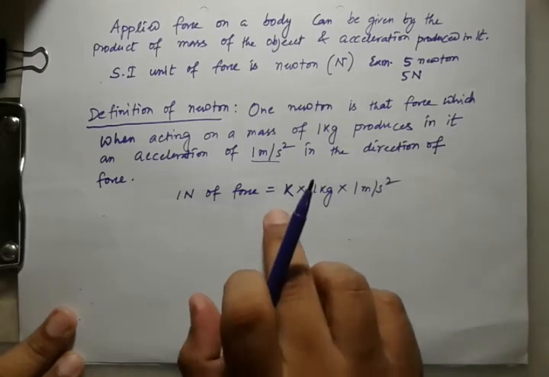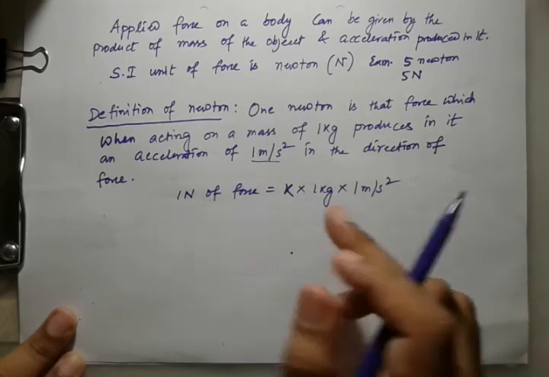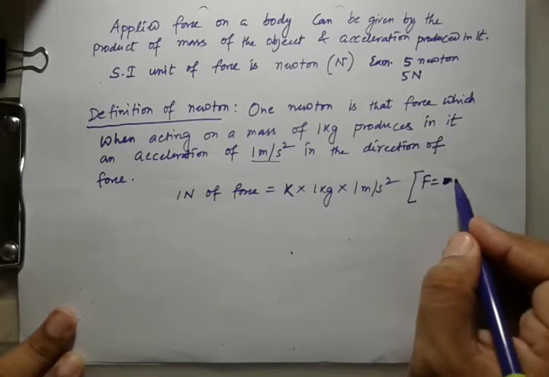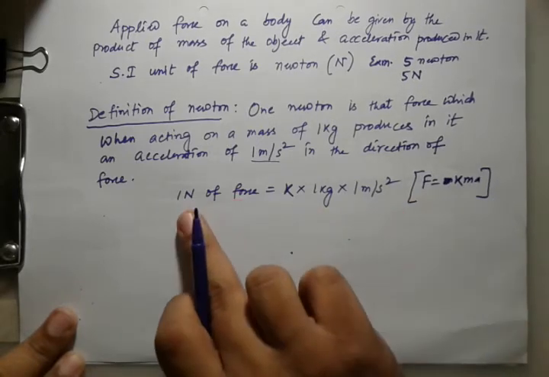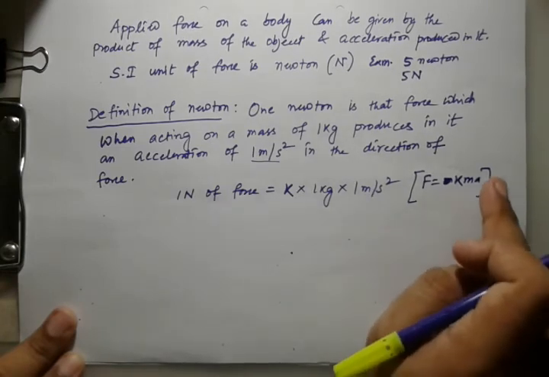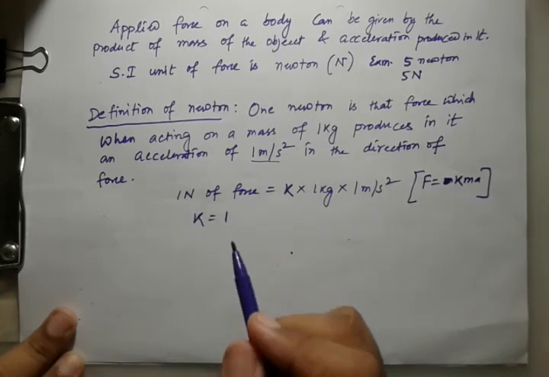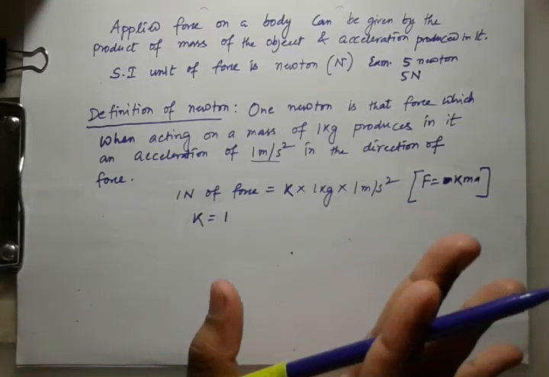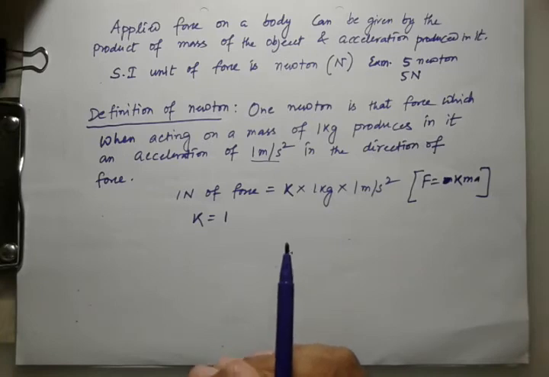Now you can also understand why the value of k is 1: from the formula F is equal to k into m into a, if I take F equal to 1 newton, m equal to 1 kg and a equal to 1 meter per second square, then the k value comes to 1. Okay, so this is all about Newton's second law of motion.